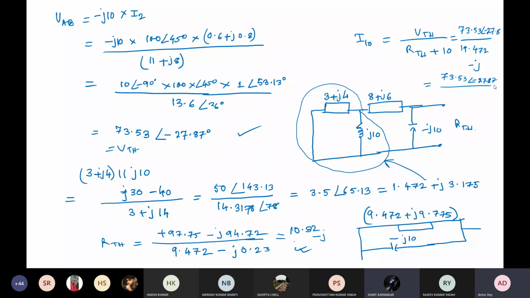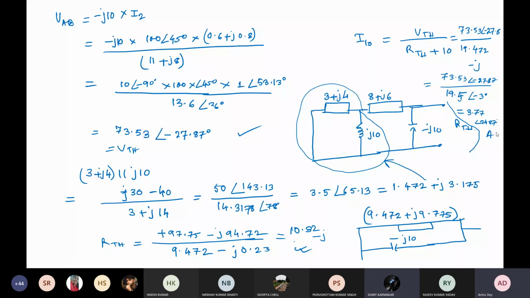So this is supposed to be 19.5 approximately, and theta is equal to minus 3 degrees. So your answer will be 73.53 divided by 19.5 equal to 3.77, and the angle will be 24.87. So this is your answer. You can leave your answer in terms of polar coordinates. So that is the value of I10.